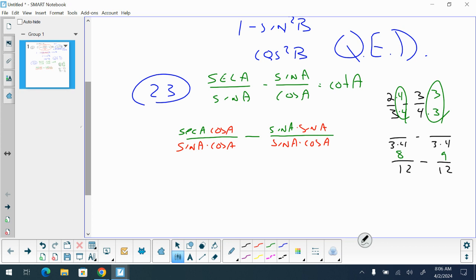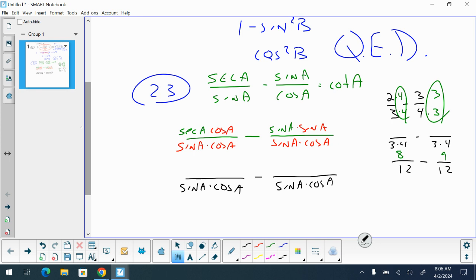So, if we take a look, in the first one, I'm multiplying secant times the cosine. What would be the result if we multiply secant times the cosine?